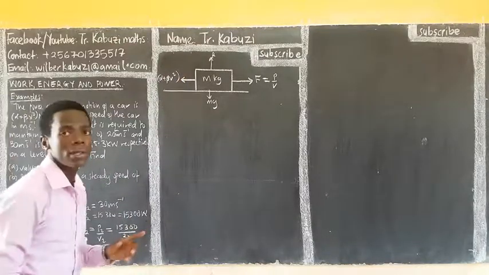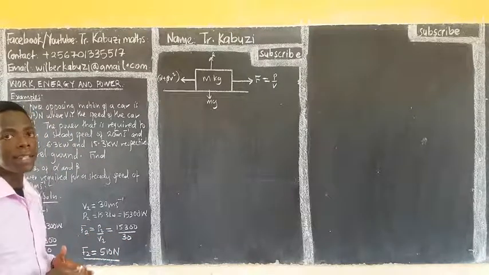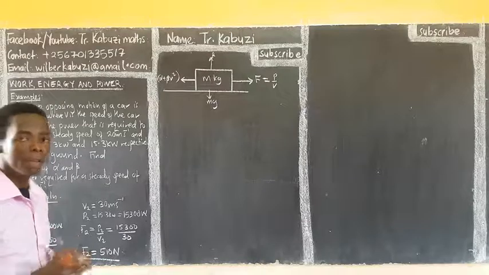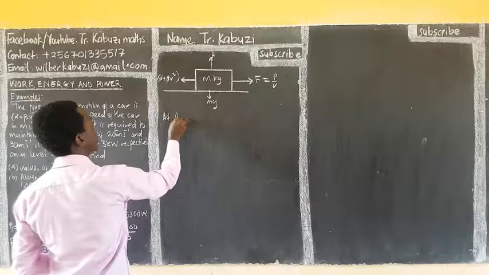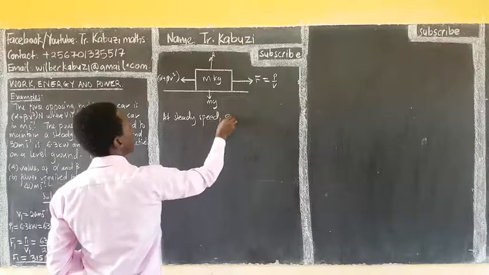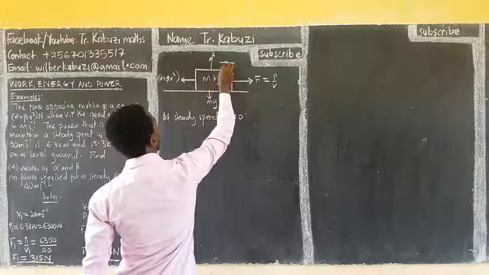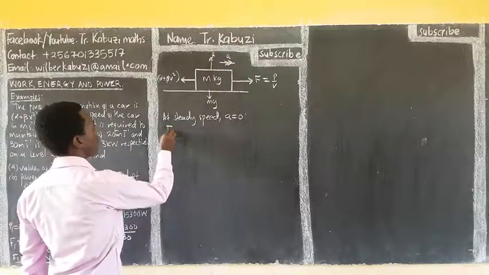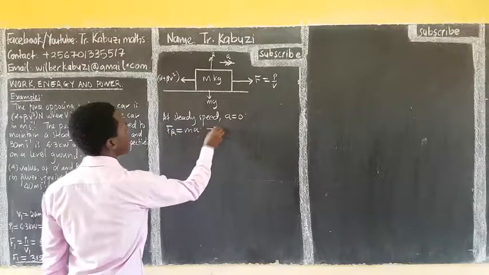But because they are talking about steady speed, there's no change in velocity, it's a constant speed, and whenever you have constant speed the acceleration is 0. So at steady speed, acceleration is 0. If we are going in this direction, then the resultant force F equals Ma in that direction.